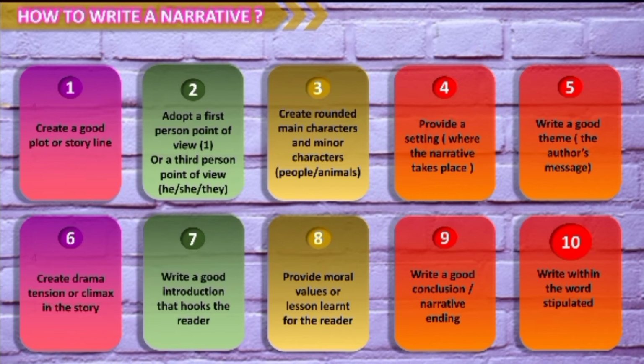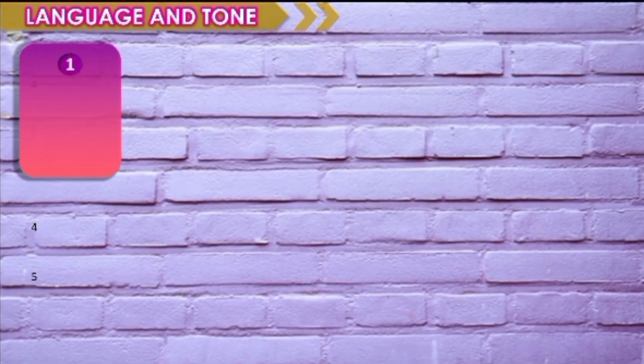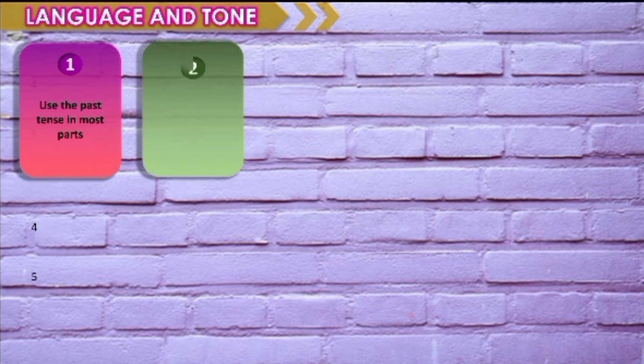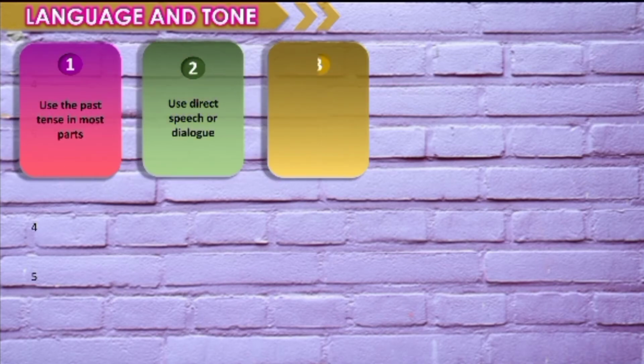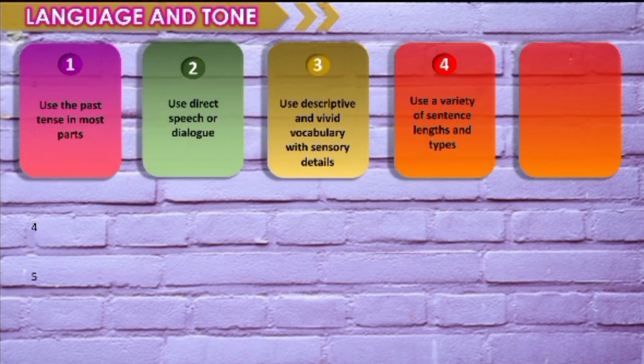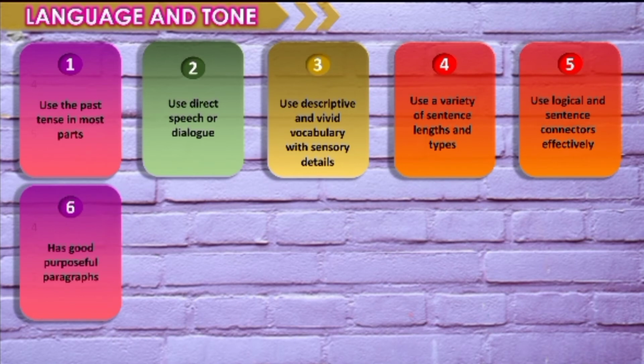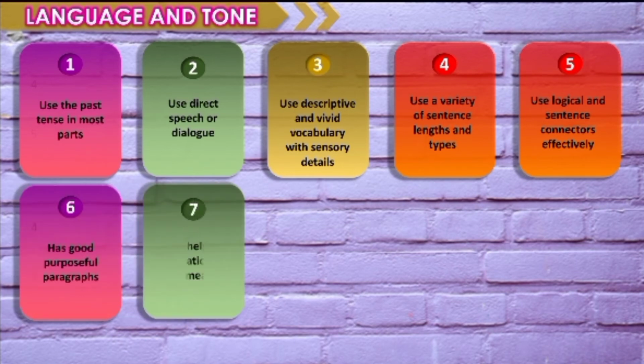Number 10, write within the word limit stipulated. In writing a narrative, language and tone need to be thought about carefully. You need to give more attention to the language and tone that you are going to use so that it will attract the reader's attention.